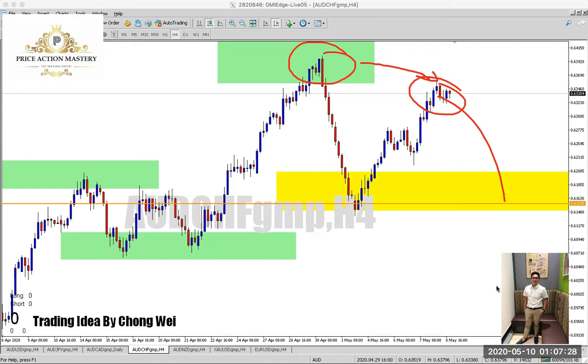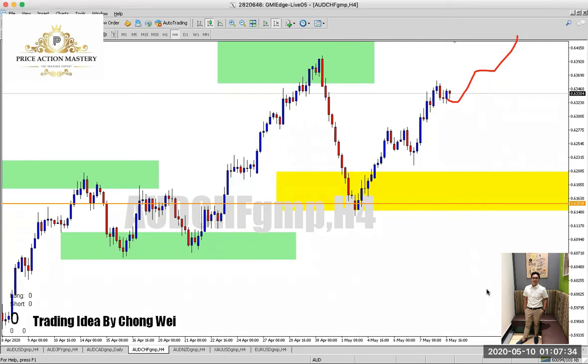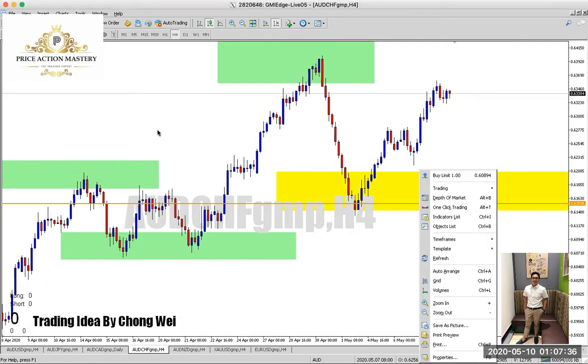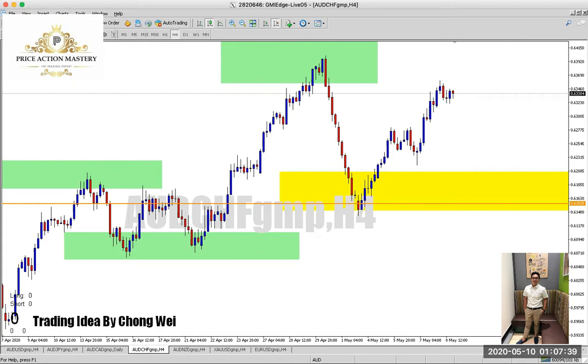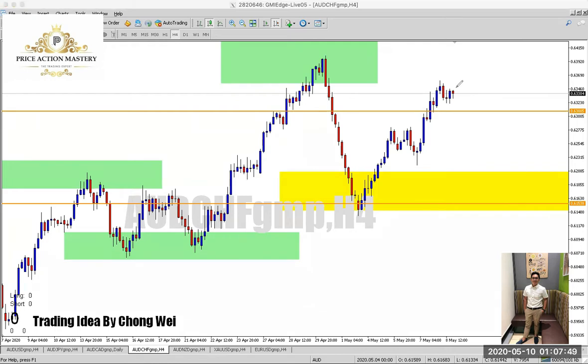But if the market hasn't formed one, we're still seeing upside. Let's see where our key line is. This is the key line. So what we're going to see is a drop here and then upside, just a potential.